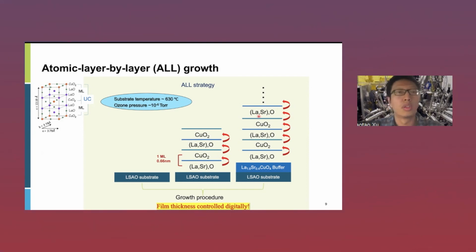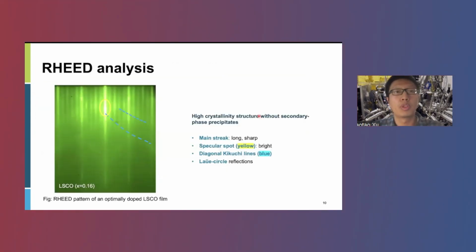Okay, so during the growth, we are monitoring our sample surface condition in real time by the RHEED. Below is a RHEED pattern of optimally doped LSCO films. We see there are several important features. First, these Bragg stacks, they are very sharp and long, which means we are realizing a 2D growth without any 3D precipitations.